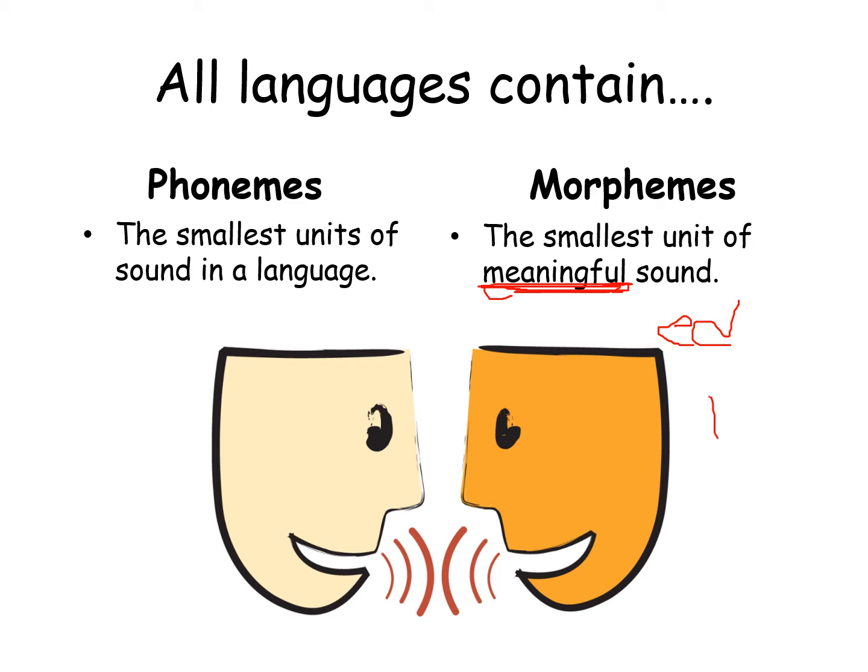Pre, talking about this happening beforehand. Ing would be another example of a morpheme. So just make sure that you can recognize the difference between a phoneme and a morpheme. A phoneme is just the smallest unit of sound, really just looking for the sound, and the morpheme is looking for the smallest unit of meaningful sound.